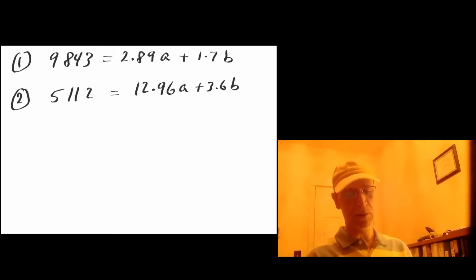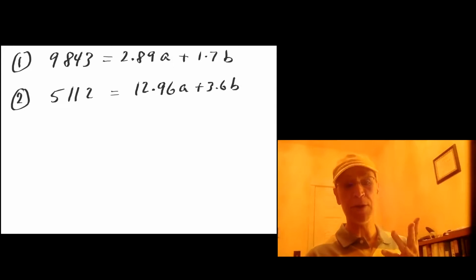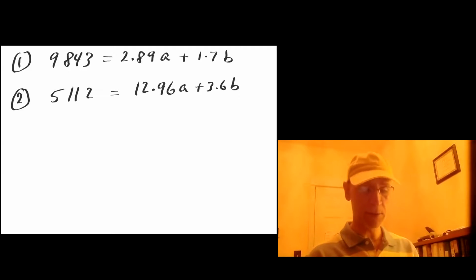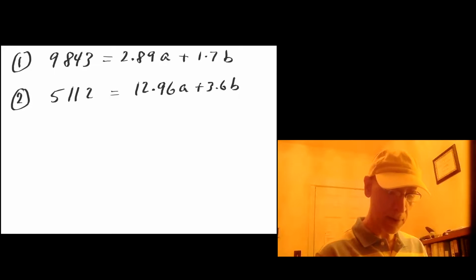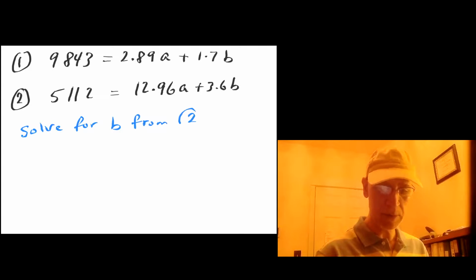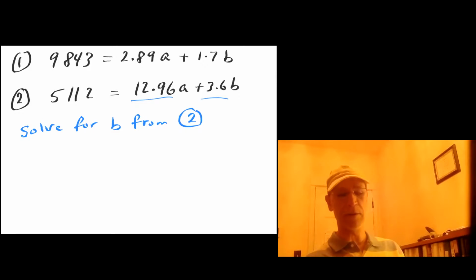Now I have two equations and two unknowns. So let's solve for b from equation 2. I think that's easier because I know that 12.96 is a multiple of 3.6.